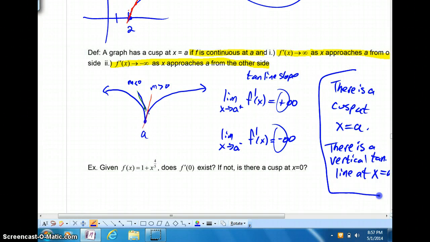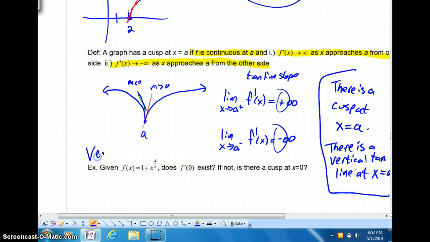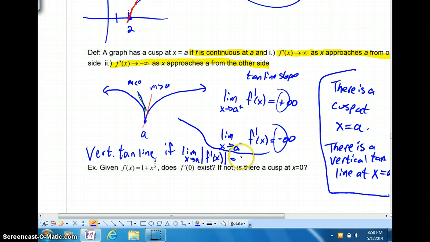We're also going to say that there is still a vertical tangent line there. Now why? If you look back on the notes that we saw earlier, we've got a vertical tangent line if the limit as x approaches a of the absolute value of f prime of x equals infinity.